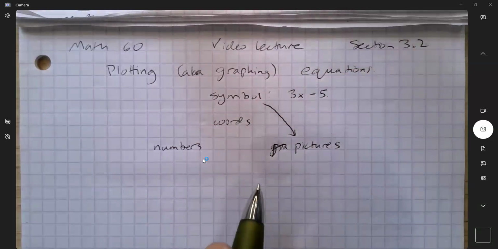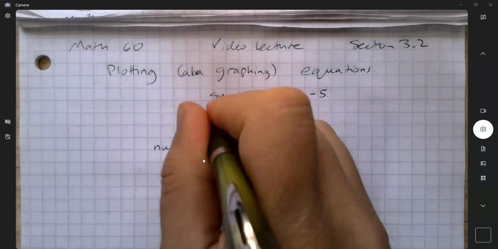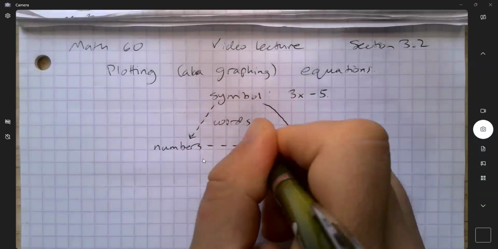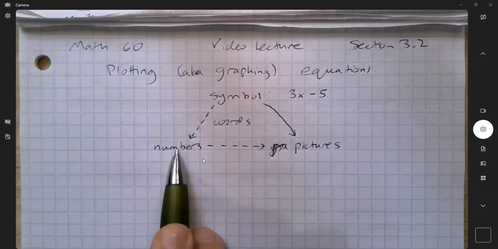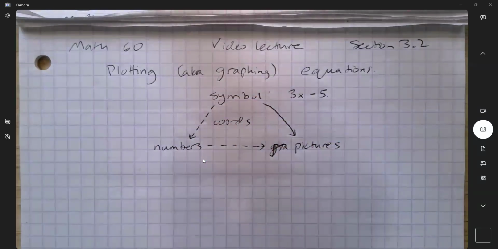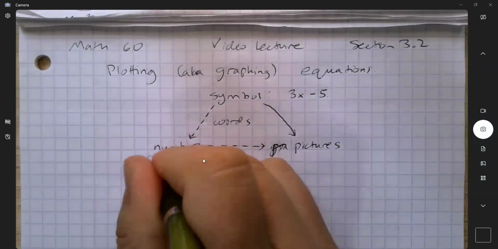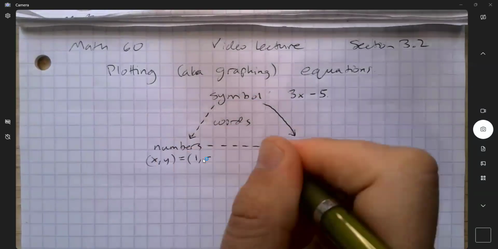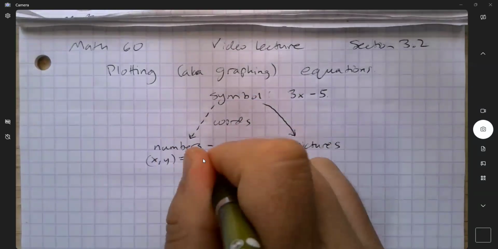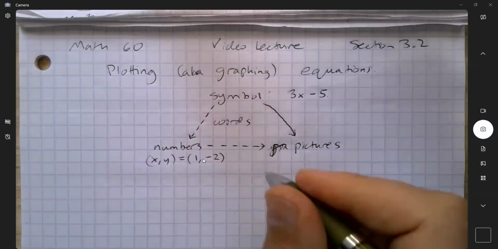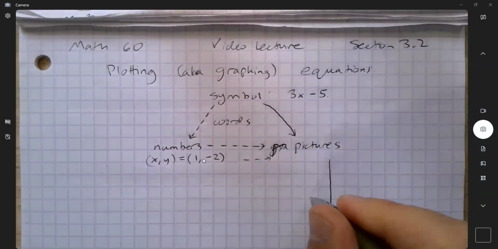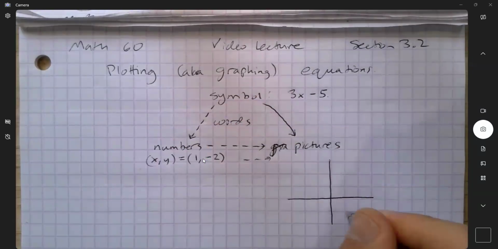But most of the time that we do this, we're going to be working through numbers first and then over to the pictures. Because in the last section, we practiced going from ordered pairs like x,y equals 1, -2 over to a picture, 1, -2 right there.